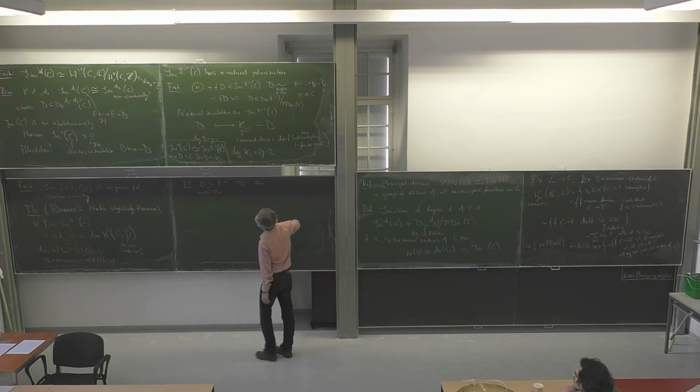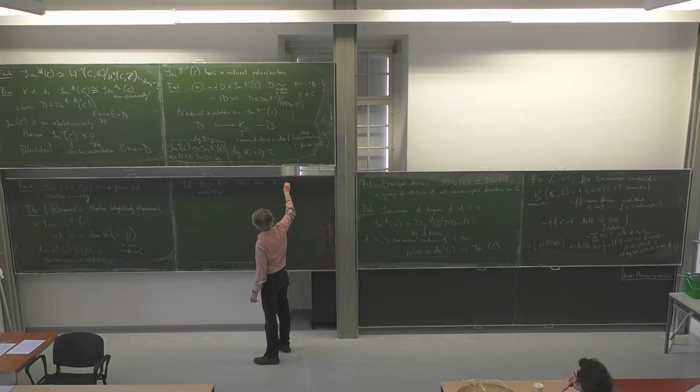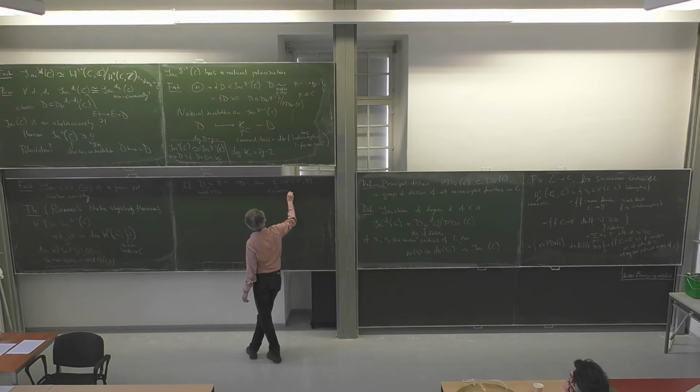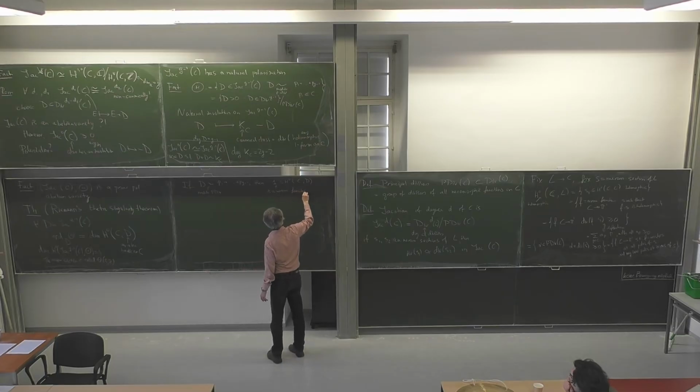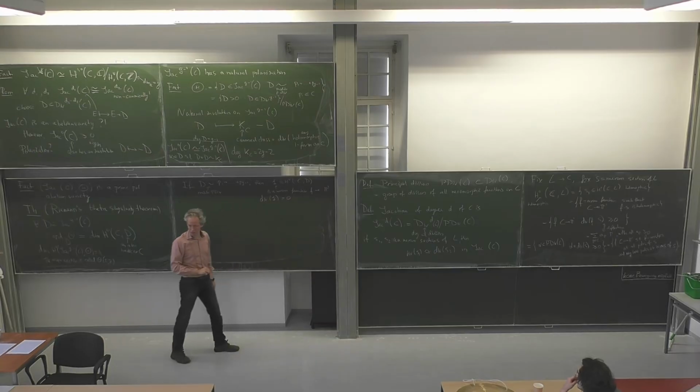then 1 gives me a section of the corresponding line bundle, right? Because 1 is a meromorphic function. The divisor of 1 is nothingness, right? It's 0.